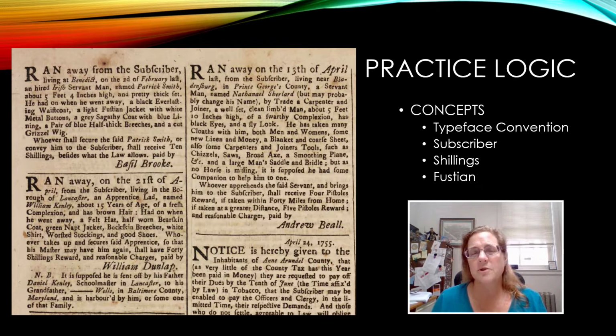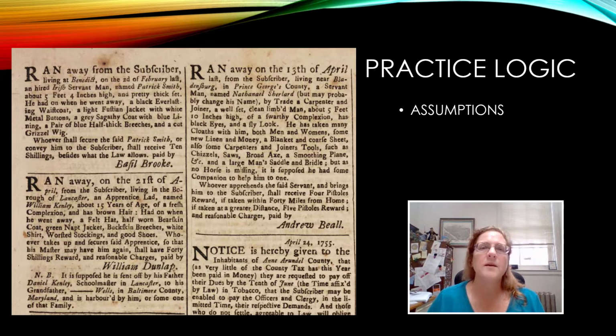But if you don't understand the F or S convention, there are parts of this document you're just not going to understand. You're not going to even know what the words are. So what I'm looking for in concepts is your ability to identify what ideas are really central to this document and what might be nice to know, but are kind of peripheral.